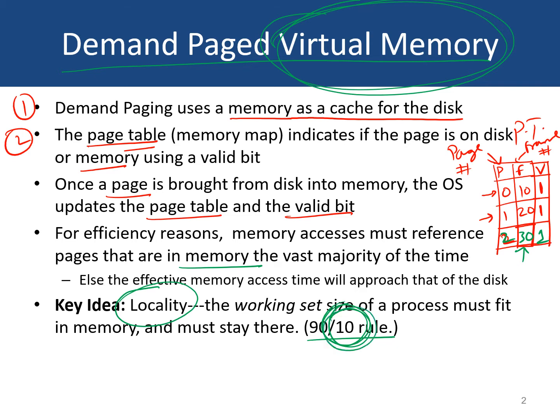Now this 10% of addresses or instructions that an executing process is using at a given time will evolve and change over time. And so over time, as new addresses or new pages are needed, once in a while the executing process would reference an address that is currently stored on the hard disk.